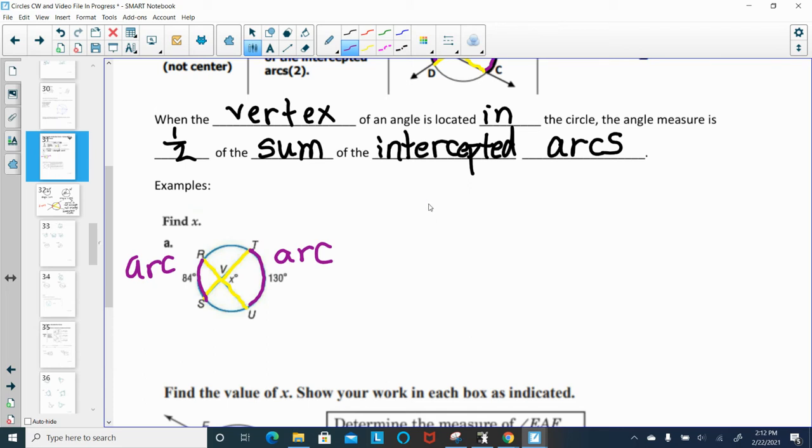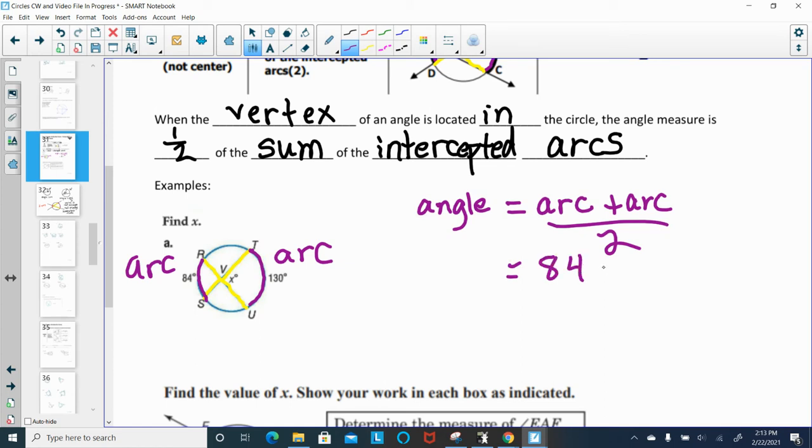And we're going to use the formula that we stated up above: the angle equals arc plus arc divided by 2. It doesn't matter what order I add the arcs in. We're still going to come up with the same amount.